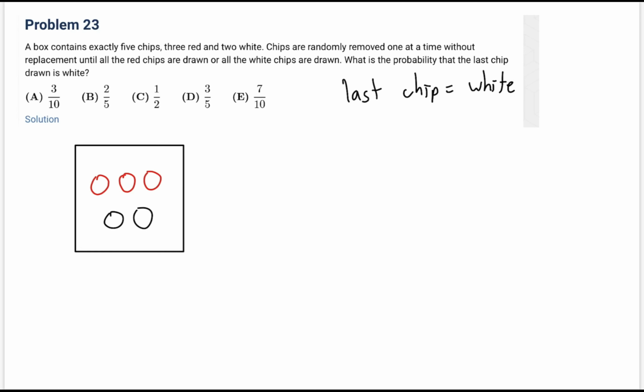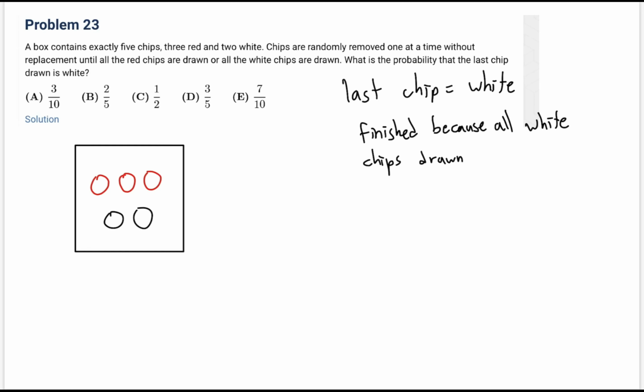It means that it finished because all the white chips were drawn. So it has to end in white.